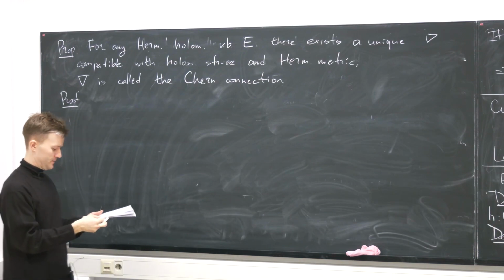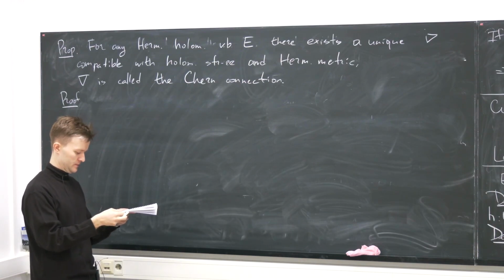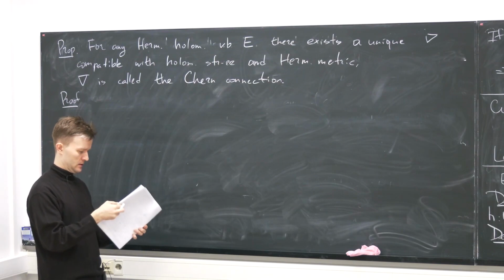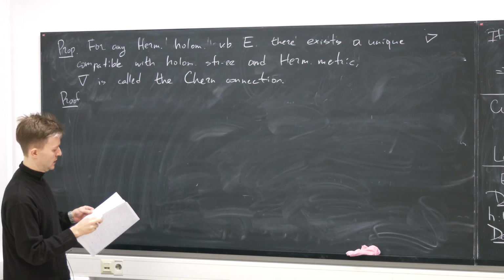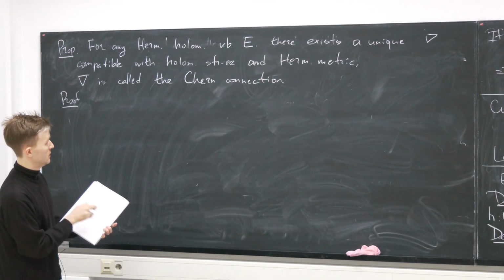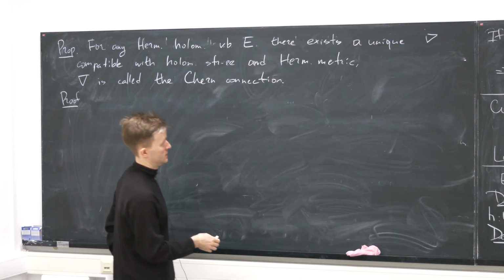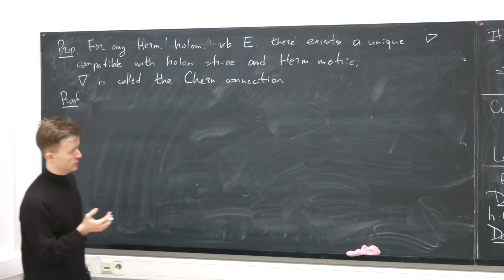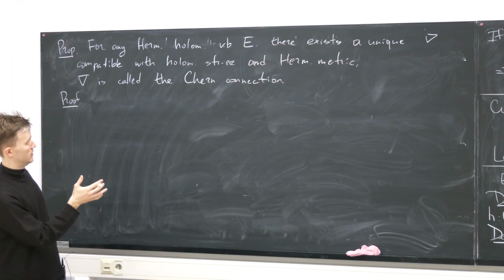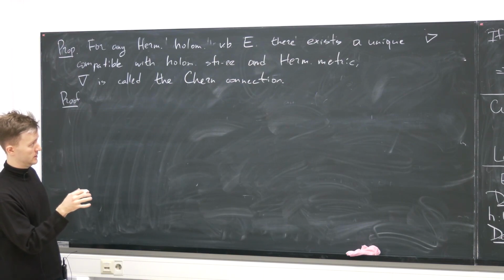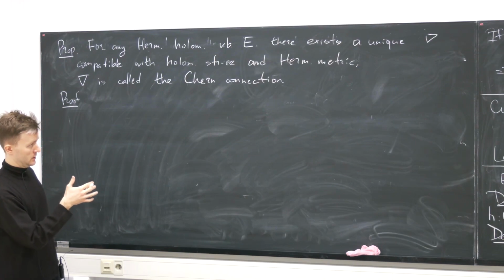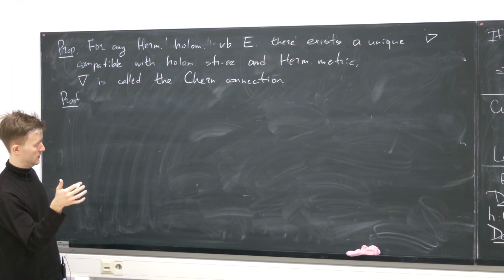So, okay, how to prove this? Let's find such nabla locally. Since locally these conditions uniquely determine nabla, we can cover our manifold with open subsets, and if such nabla exists and is unique on every open subset, then it will define a connection globally because of the uniqueness.